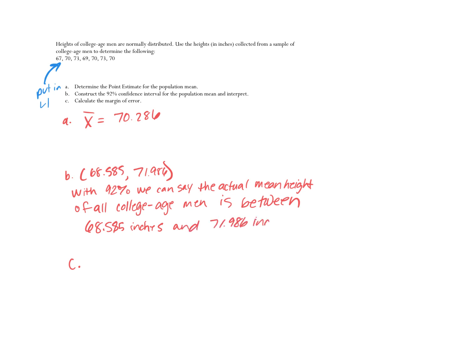Yes, I will be picky about including units and context. So if you just say the real mean is somewhere in between those numbers, that won't be enough. When we're interpreting, we're trying to do it in the context of the question.